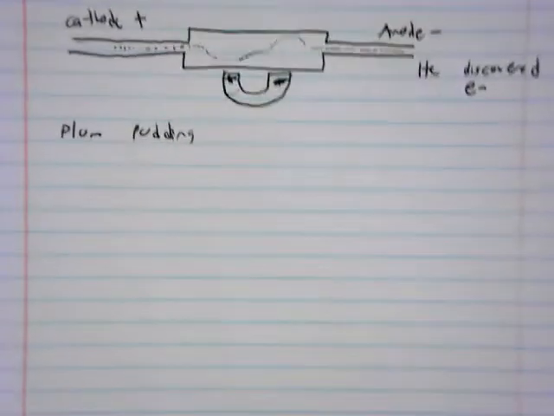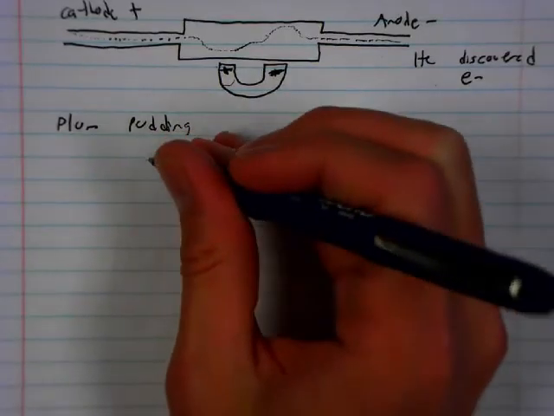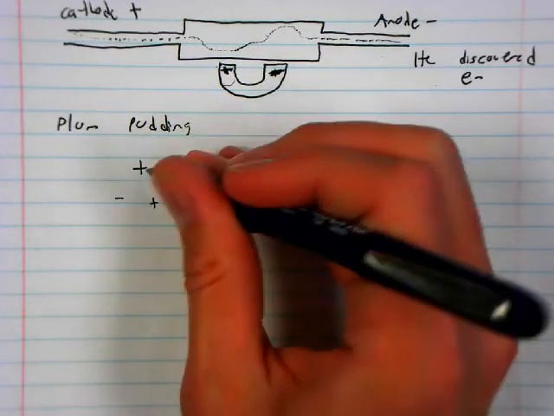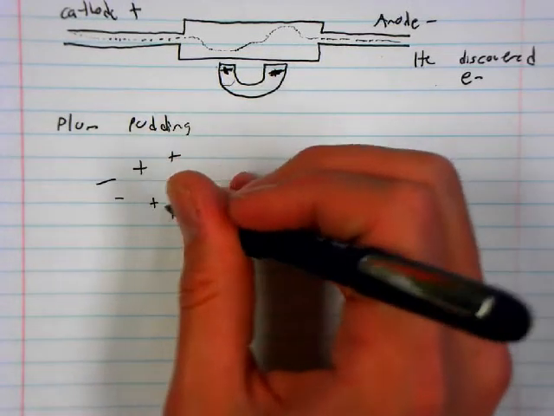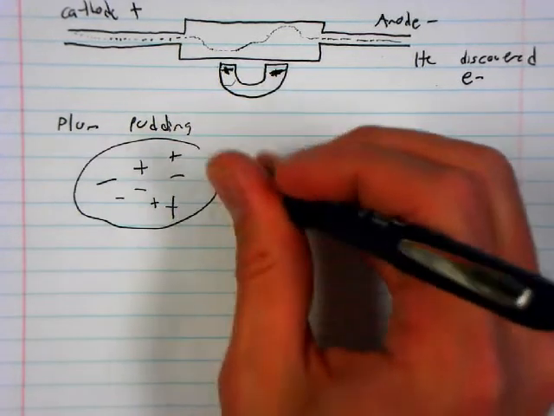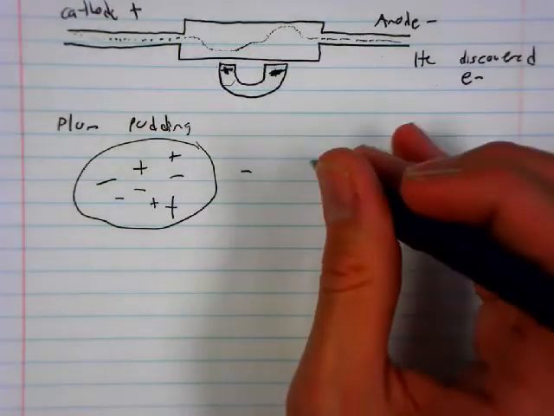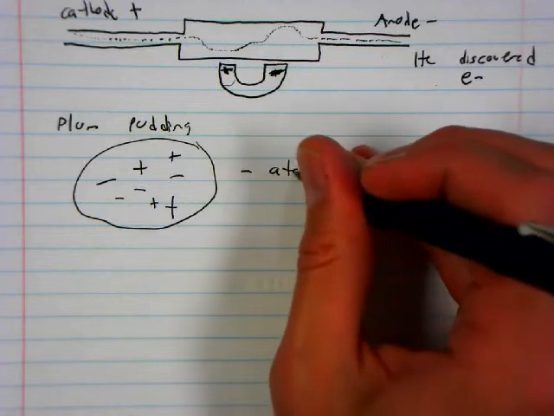Another model was plum pudding. Plum pudding is an English cake type thing. There's cherries and plums all through it. And plum pudding was just saying that there's positive and negative charges all randomly distributed throughout basically a sphere.